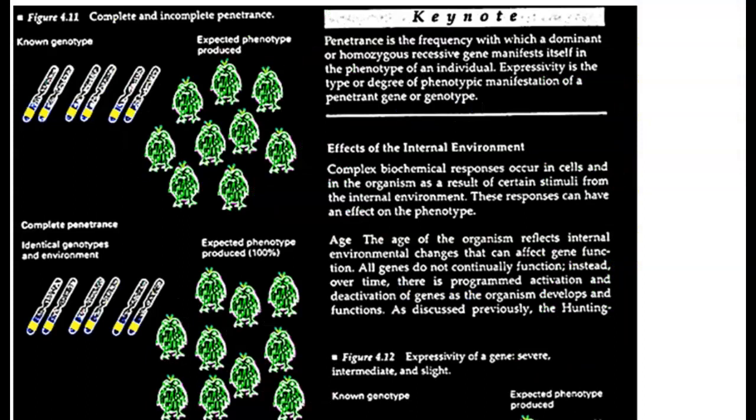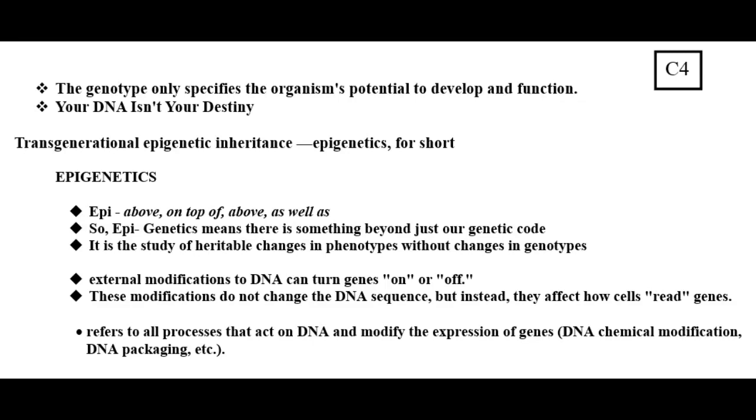Let's go on to our next handout, C4. In C4, we're going to talk about something called epigenetics. This is a big growing field, and this is going to show us just what we ended up with in the last handout. That your genotype is only your potential.